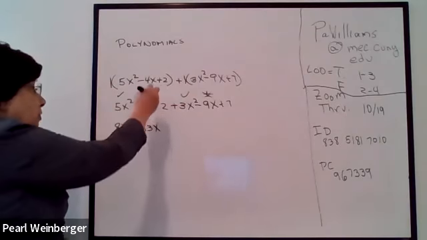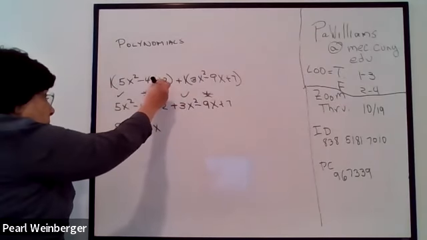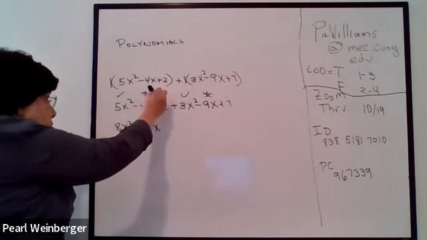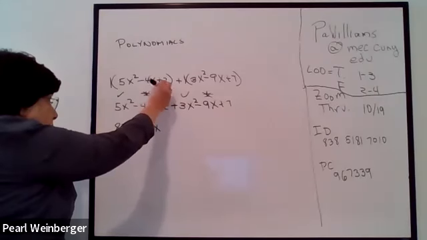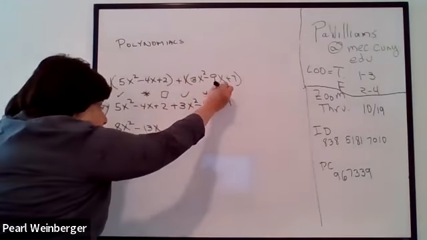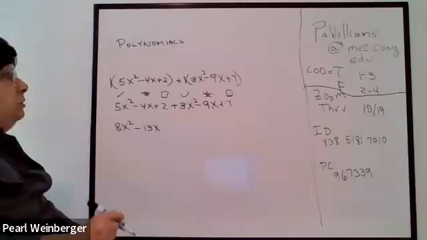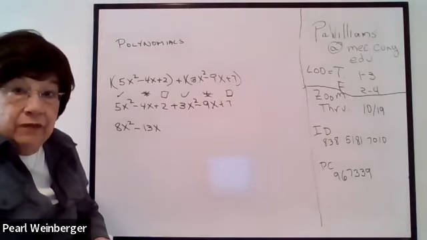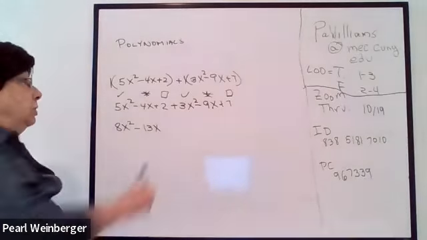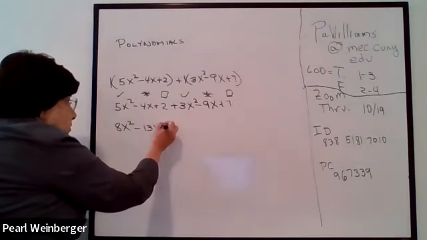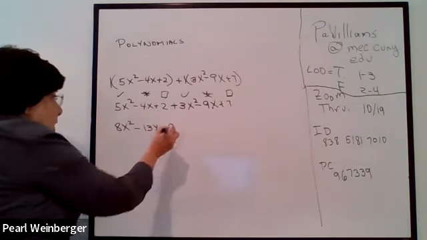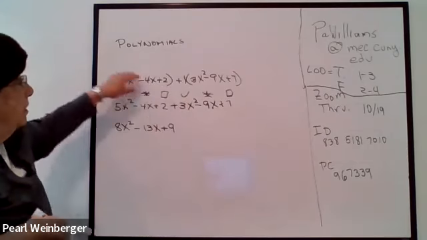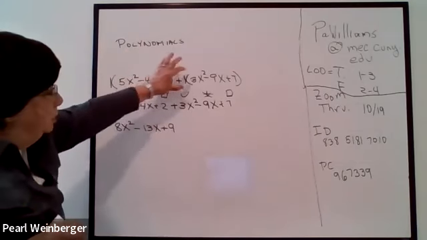Finally, we have the 2 and the 7. And those are like terms also because they don't have any x's. So we're going to do 2 plus 7, and that's going to give me 9. And now I have combined these two polynomials.